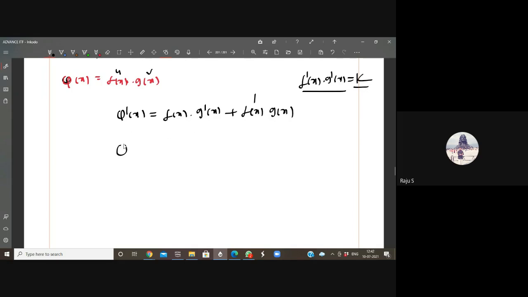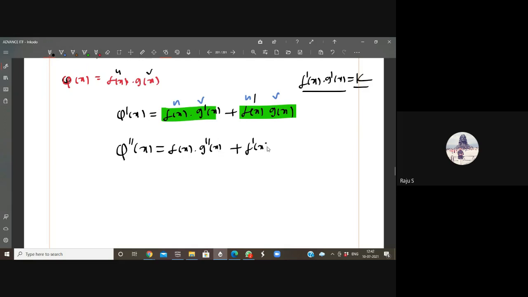Okay, again we can differentiate: phi double dash of x. Again here the uv rule, here also the uv rule. Whenever you want to apply the uv rule, this is u, this is v, this is u, this is v. For the first one, f of x into g double dash of x plus u dash.